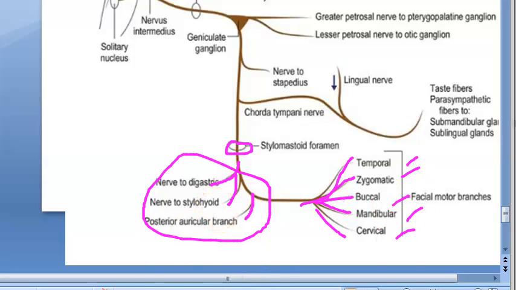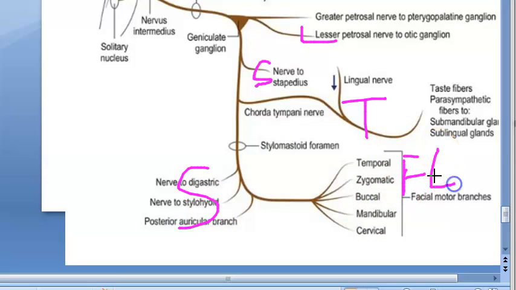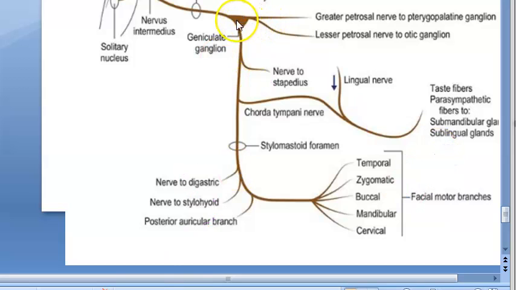So, this will make it even more clear for you as to where the problem is. If lacrimation is fine, then till here it is fine. If the stapedial reflex is fine, till here it is fine. If the taste is fine, till here it is fine. If the salivation is fine, till here it is fine. And if the facial expressions are fine, at least this much is fine. That's what it says, right.